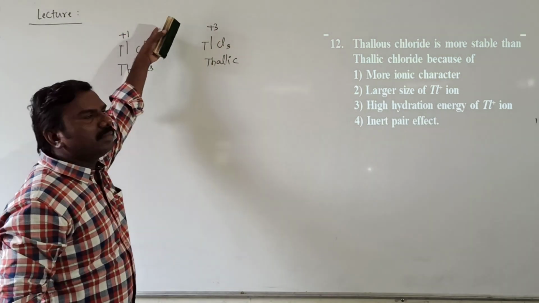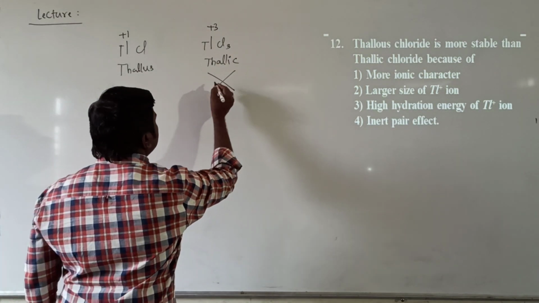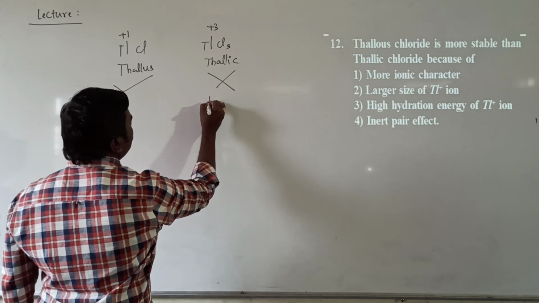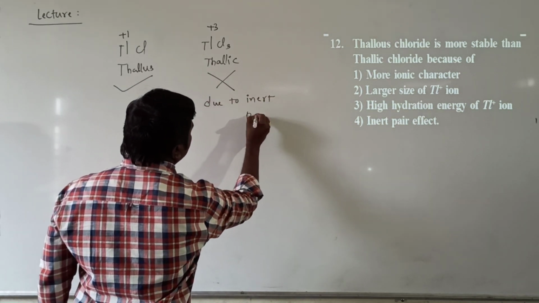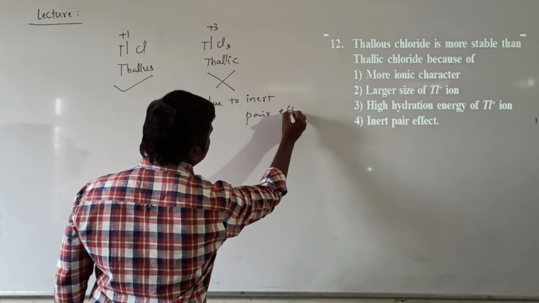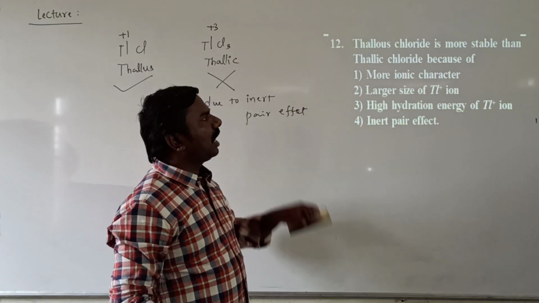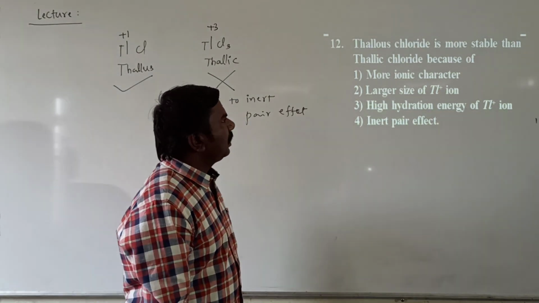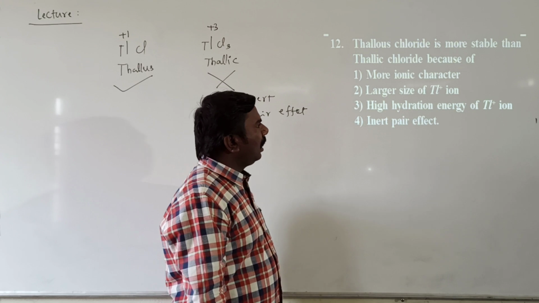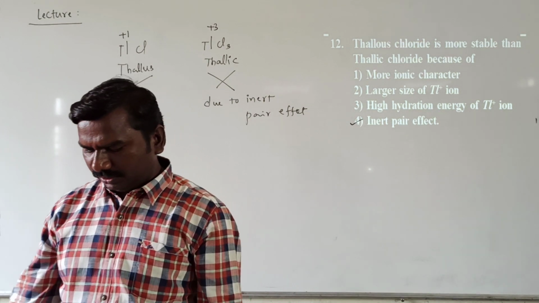The +3 state is not stable; +1 exists due to inert pair effect. Thallic is unstable compared to thallous. It means thallous chloride is more stable than thallic chloride due to which effect? Inert pair effect.